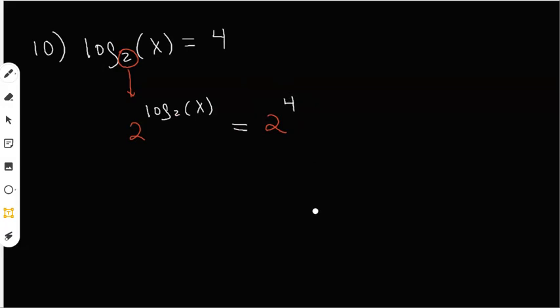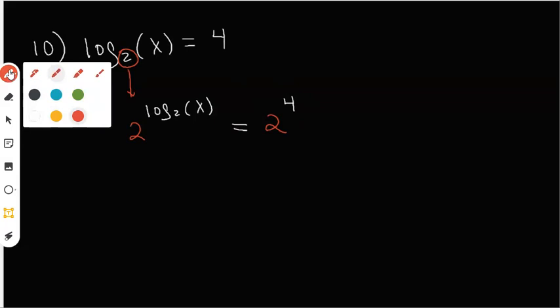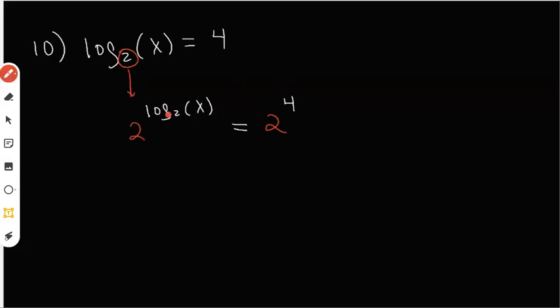So what does that do? Let's concentrate on the left side first. Notice that the two bases are going to cancel each other out. The 2 and then the log base 2 will cancel each other out. And whatever's inside the parentheses is going to be brought down. X, right? And that's going to be equal to 2 to the 4th power.